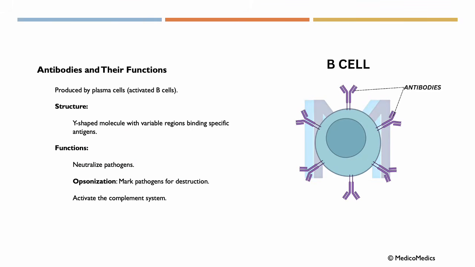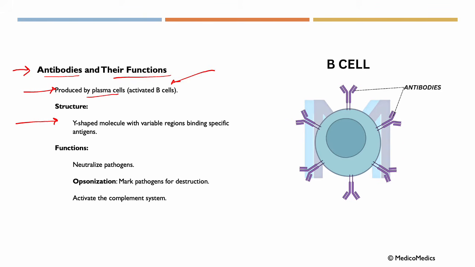Now let's just dive a little bit deeper into the B cells. So let's talk about antibodies and their functions. Now we have a detailed course on immunology where we talk about all of these different cells in great detail. But here is just an overview and some key anatomic structures. Like we mentioned, these antibodies are produced by plasma cells. Plasma cells are activated B cells.